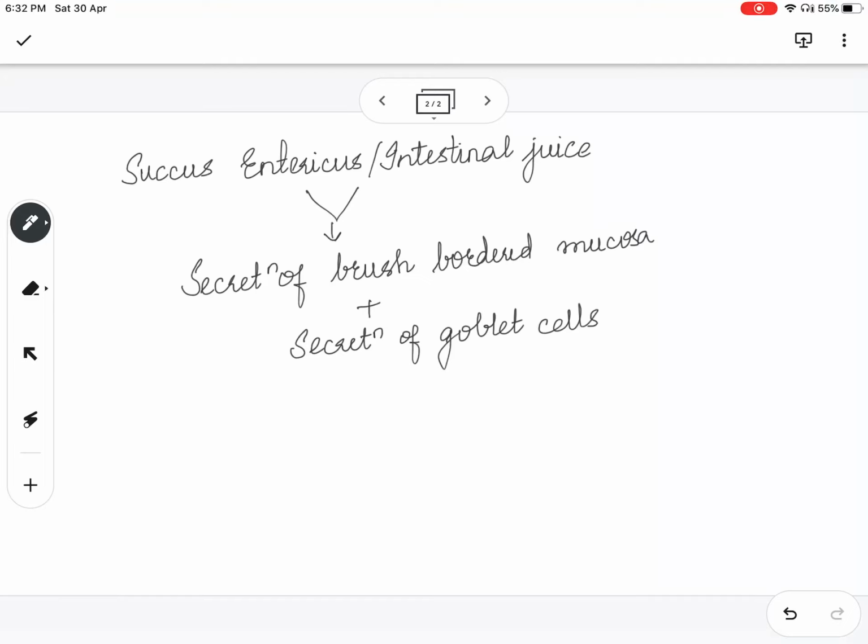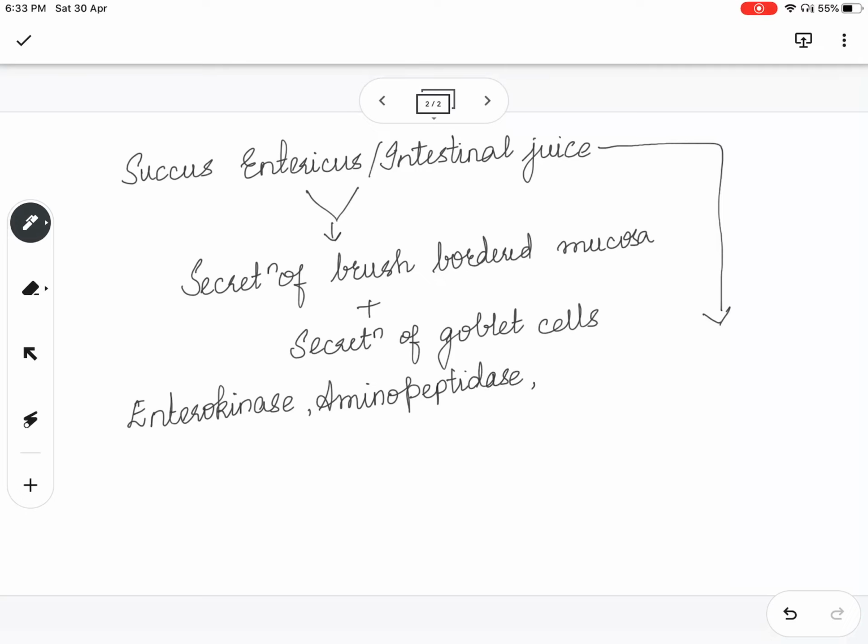Now what does this particular juice consist of? This particular juice consists of a variety of enzymes such as, this is very important, enterokinase, then aminopeptidase, then disaccharidases such as maltase, dipeptidases, lipases and nucleosidases.